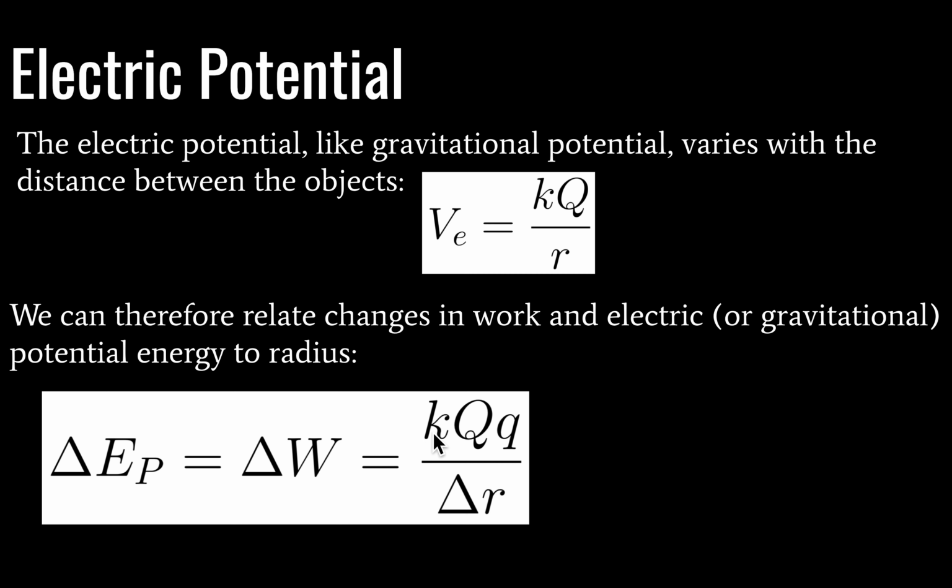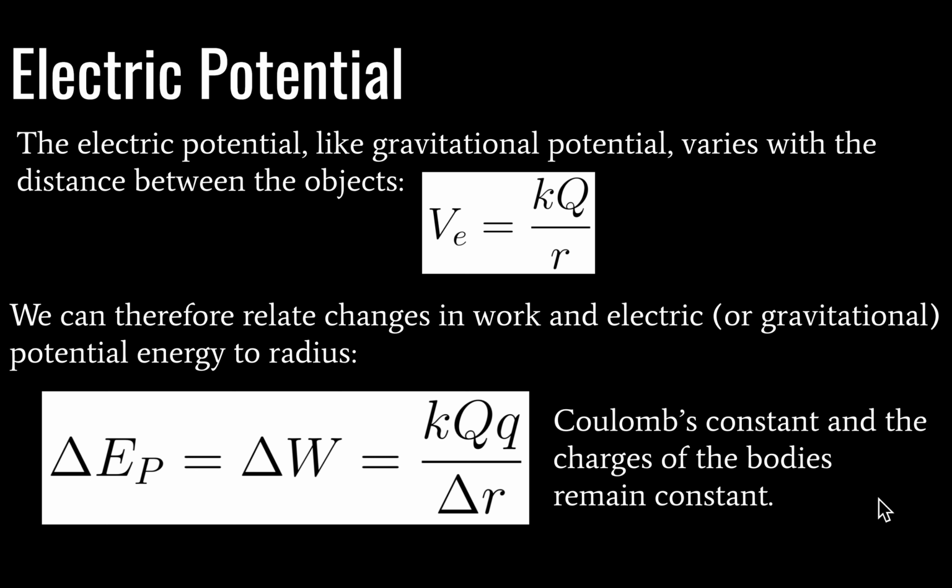And this then will be equal to Coulomb's constant times the large charge times the charge of our test charge or test object divided by a change in radius. So Coulomb's constant and the charges of the bodies remain constant, which means that our change in work or change in the potential energy are inversely proportional to our change in radius, change in distance between the objects.